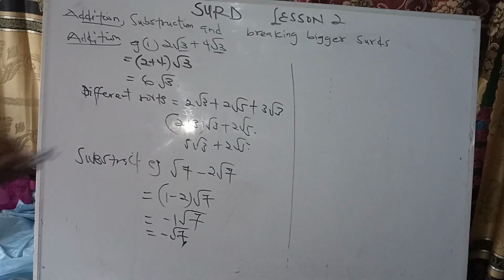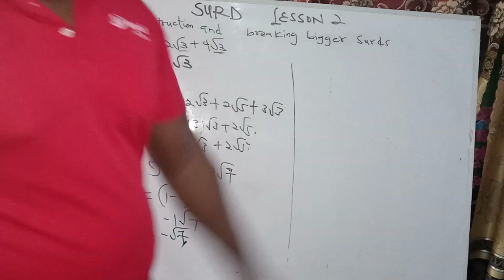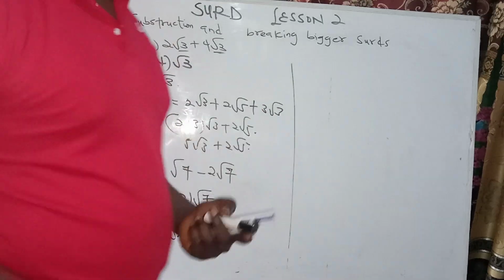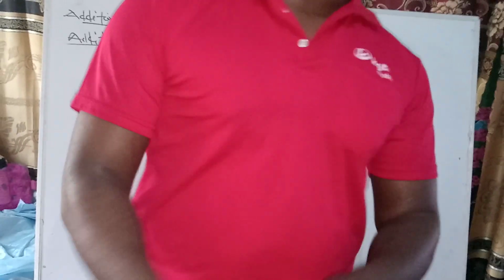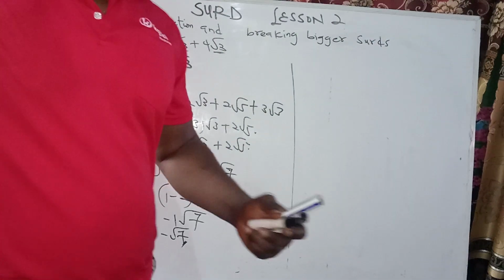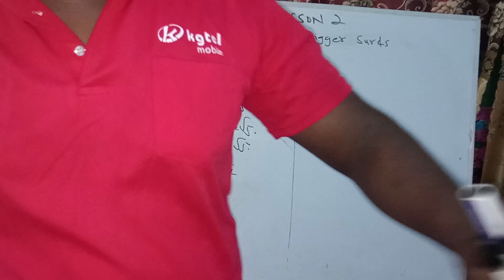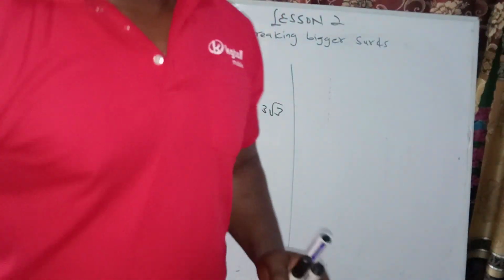And let us come to what? Breaking bigger sets. Breaking bigger sets simply means breaking a more complex set into simpler sets, or breaking an enormous or huge set into tiny sets.